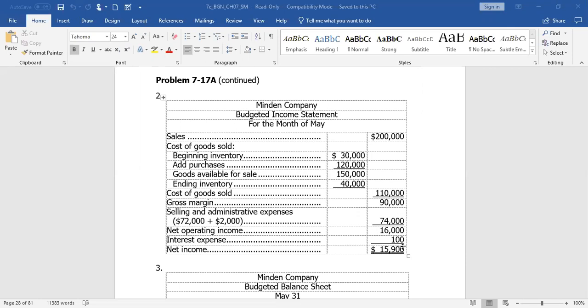And they tell us in Part C, they expect $40,000 to still be in ending inventory at the end of May. So we subtract that. So the expected cost of goods sold would be $110,000. We subtract cost of goods sold, what the stuff costs, from the sales, what we charge the customer for that stuff, and the gross margin or profit on those items is a total of $90,000.